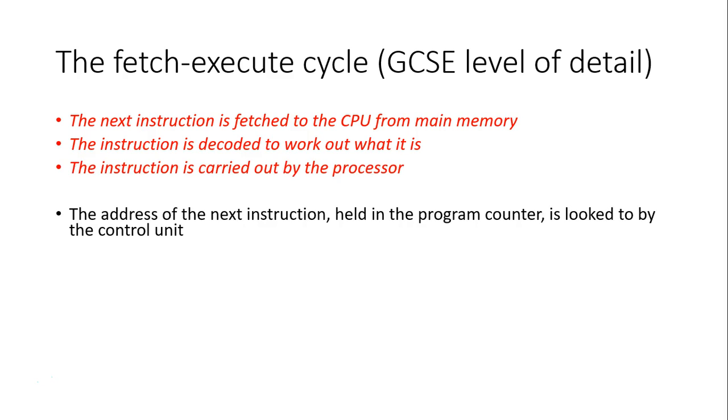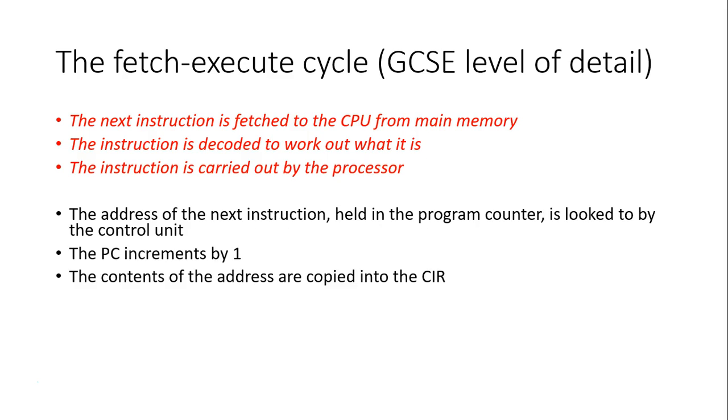So the address of the next instruction is held in the program counter, so the control unit looks to this address. The program counter will then increment by 1, so we know that we're pointing to the next instruction, and the contents of the address are copied into the CIR. So the CIR holds what we're using, it needs to be decoded, so whatever's at this address, we're going to move it into the CIR.